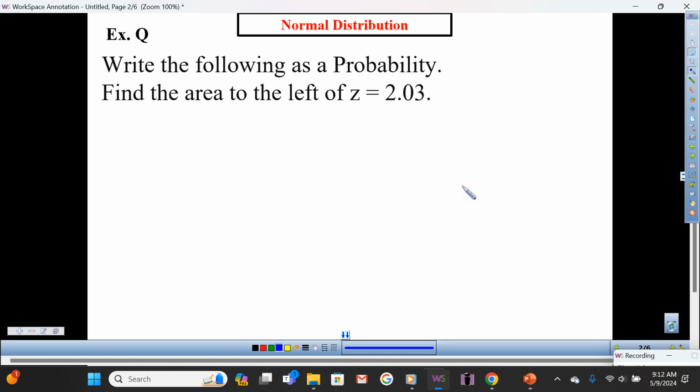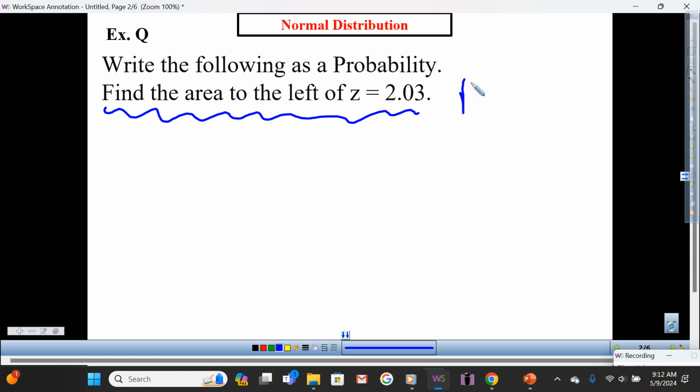All right, since we are converting z-scores into percentages, we can talk about probability using those percentages. All right? So, first things first, let's rewrite this as a probability. So, fairly simple.